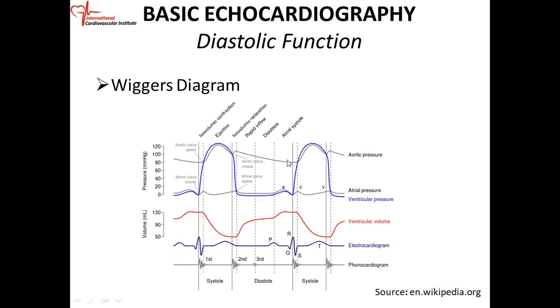And the aortic pressure is similar to your LV pressure. The only difference is that you have a diastolic pressure. In diastole, the LV relaxes and the pressure is very low, because for a normal heart, the filling pressure should be low.